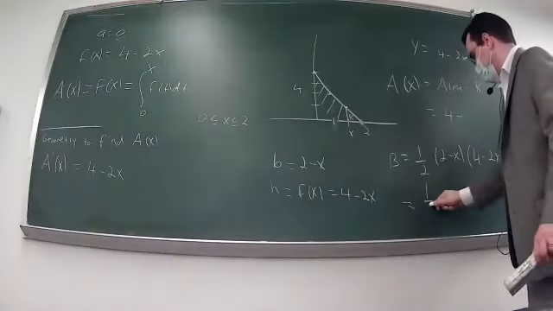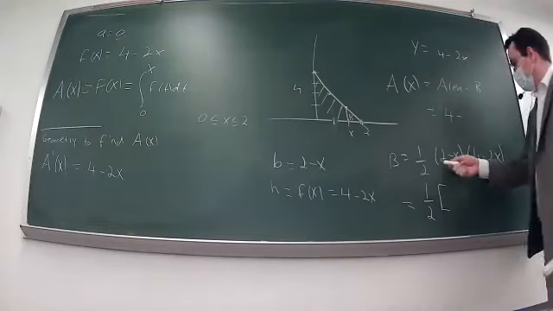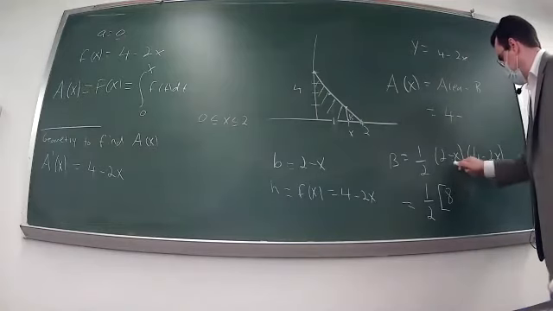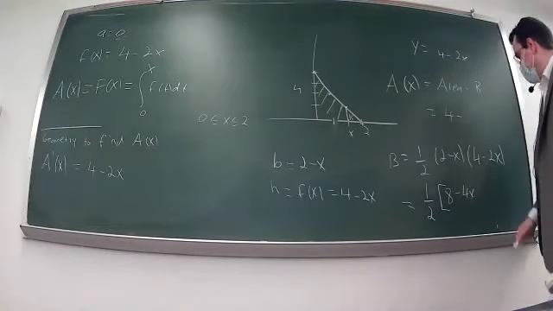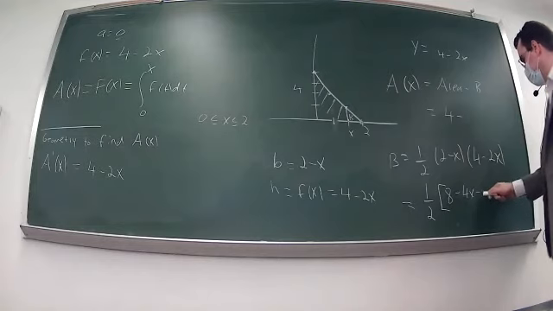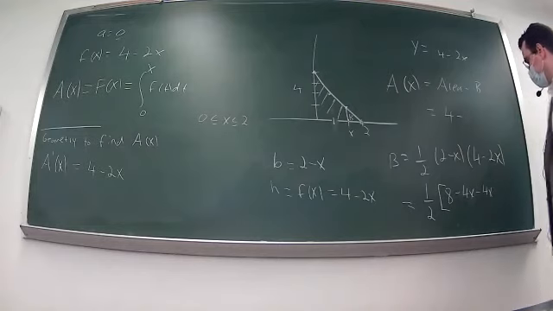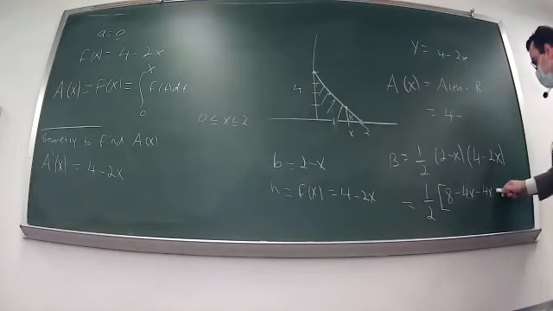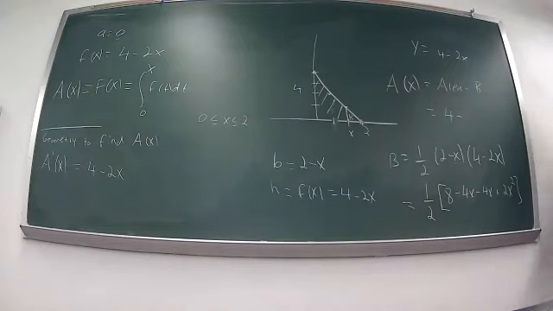Yeah, I guess I'll just keep working here. So multiply that out. That's 8 minus 4x minus 4x, and then plus 2x squared, right? So check if I did that right.